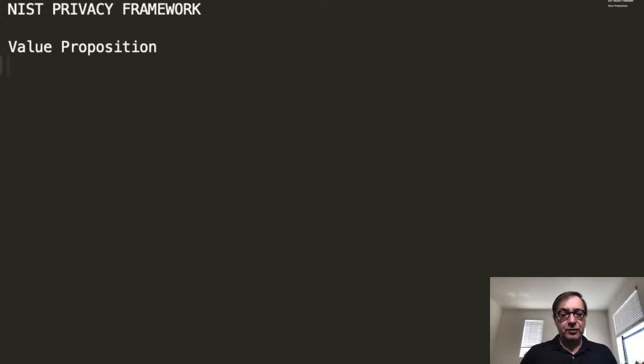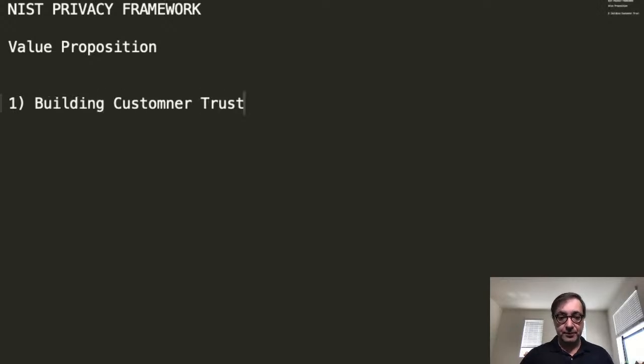And the value proposition is based on three elements, and it's considered the heart of what the framework is about, its purpose. It supports organizations in building customer trust. So the first one is building customer trust.